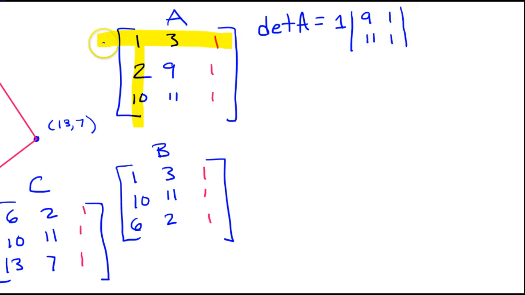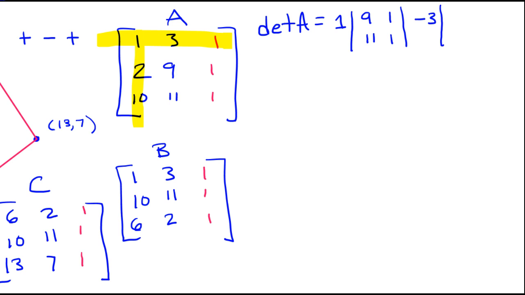For the first row, the sign pattern is positive, negative, positive, meaning keep it the same, change it, keep it the same. So my first cofactor, I will keep the same sign. But my next cofactor, which is positive 3, according to this, I need to change it. So I'm going to actually do a cofactor of negative 3.